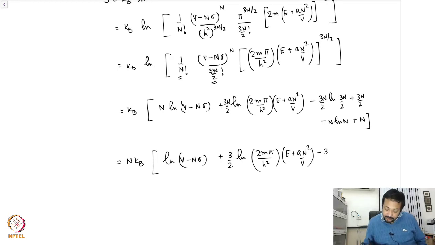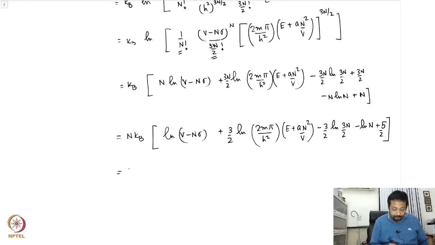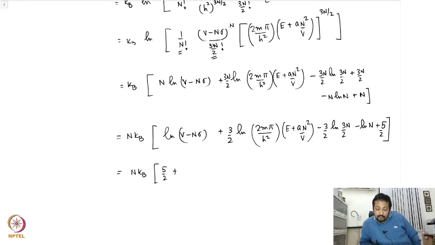Then I have minus 3 by 2 ln 3 by 2n, plus, sorry, there is also going to be a minus ln of n, plus 5 by 2. So the entropy now, I can simplify this as 5 by 2 plus, what else can I do?